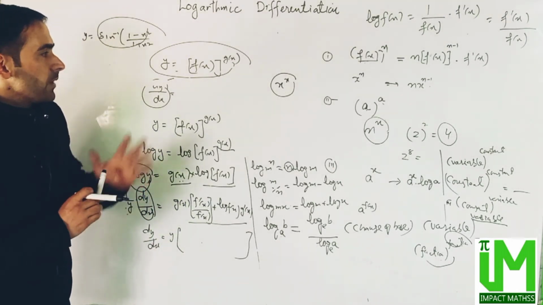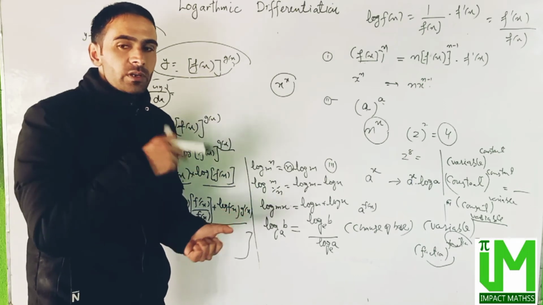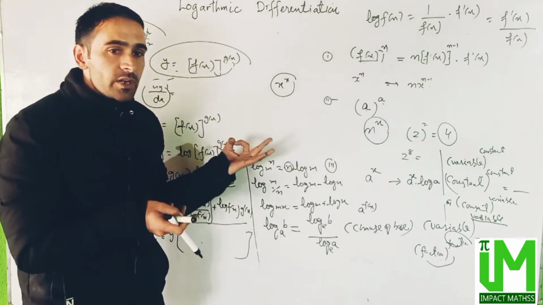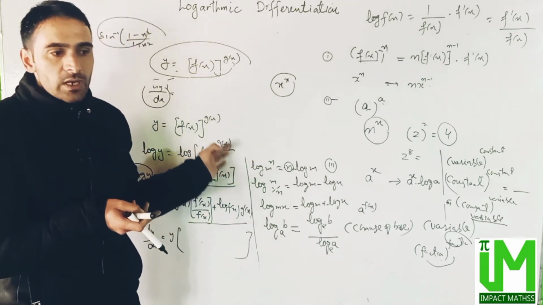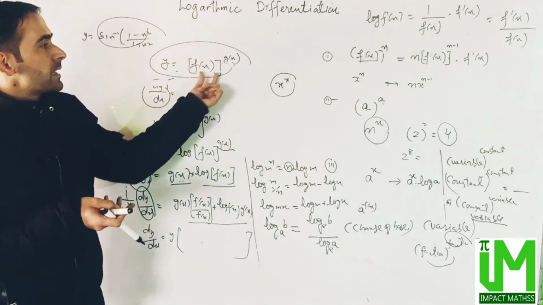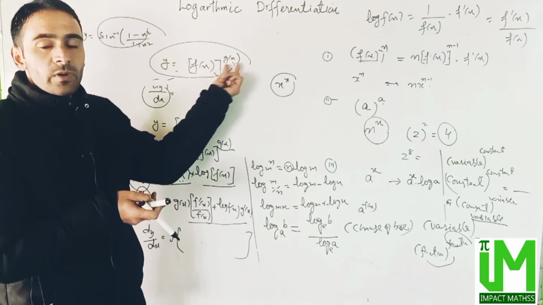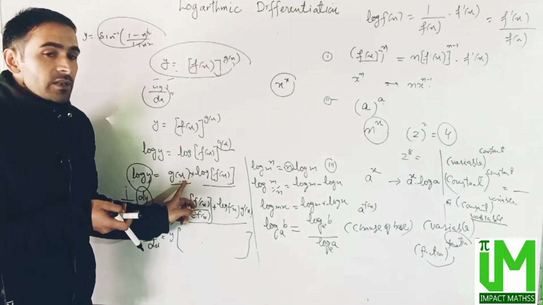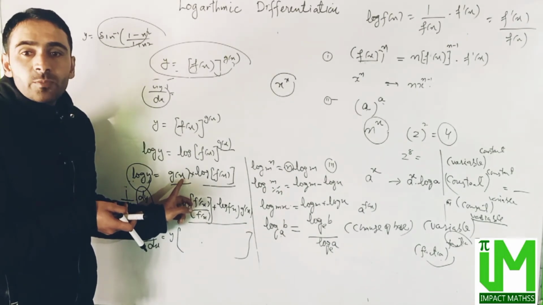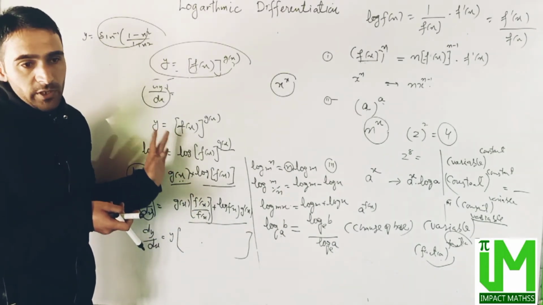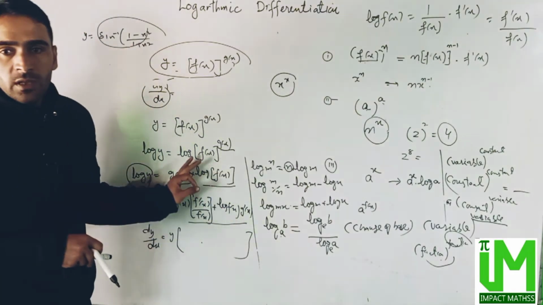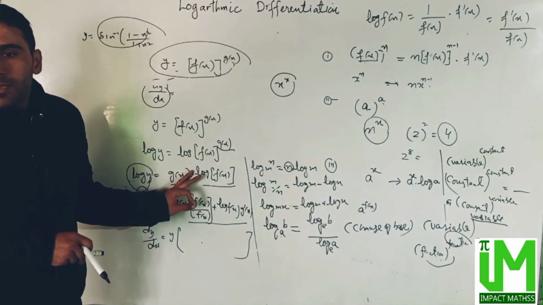So a variable raised to the power of a variable, or a function raised to the power of a function, is solved by differentiation, but before differentiating we apply log on both sides. In order to convert power raised to power, or any function raised to a function, into products, we already know the Leibniz product rule, and then we can apply that product rule to get the derivative.